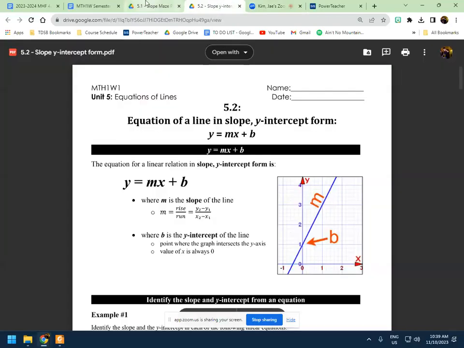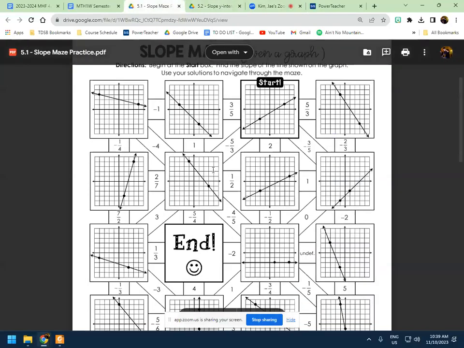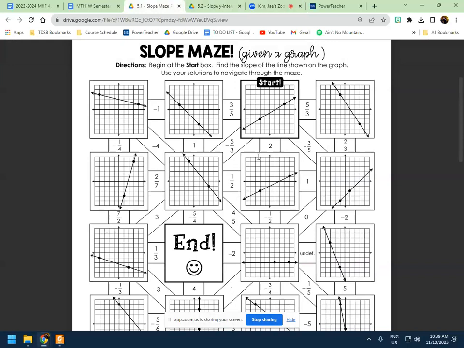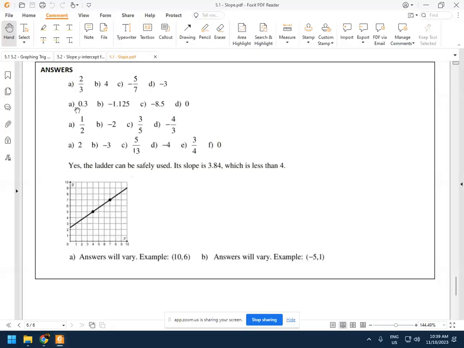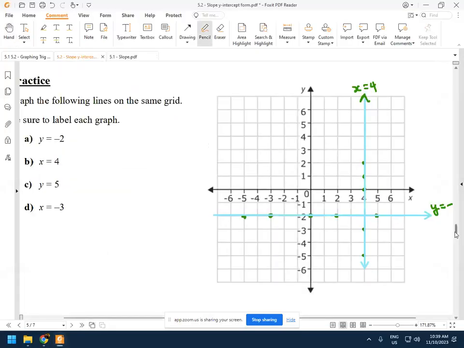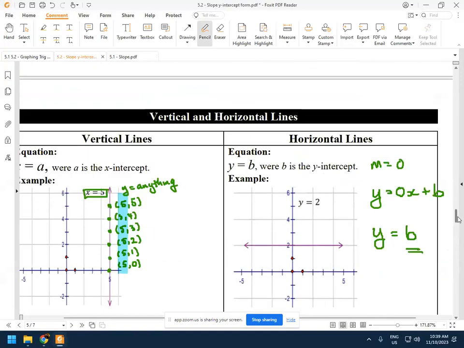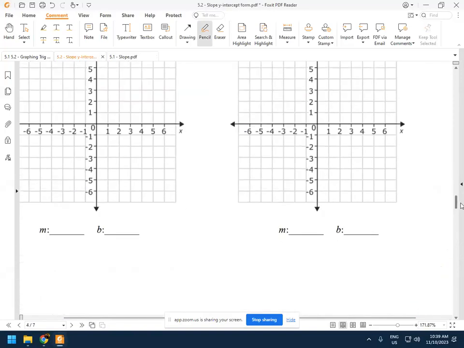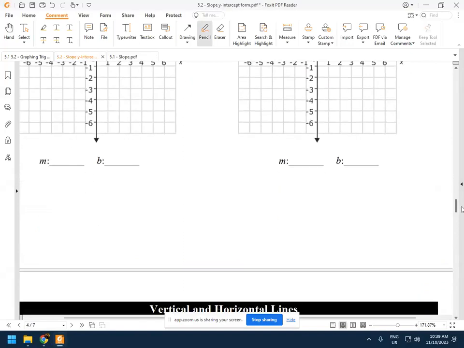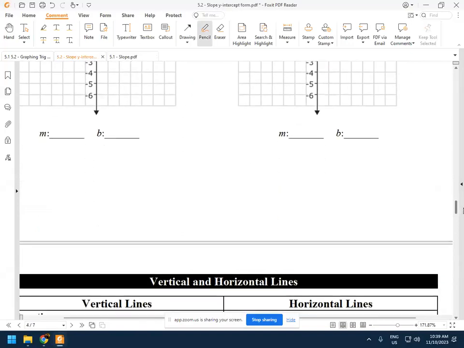I gave you an entire exercise sheet from 5.1 where you really test your mettle on slope. If you find this to be challenging, I have a feeling you will make lots of unnecessary mistakes for 5.2. So please make sure you can do 5.1 and 5.2 over the weekend. And then also remember to have some fun. Questions?